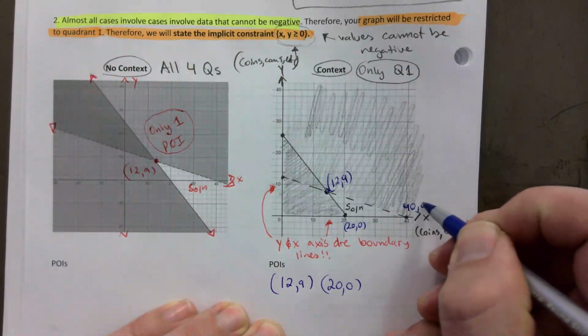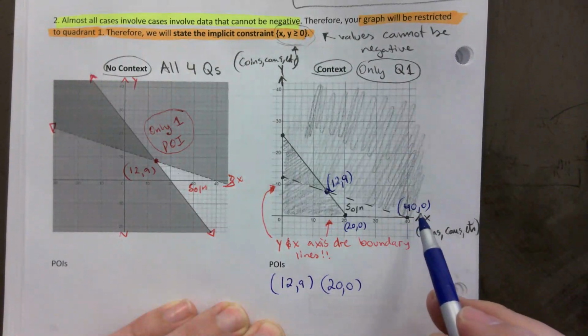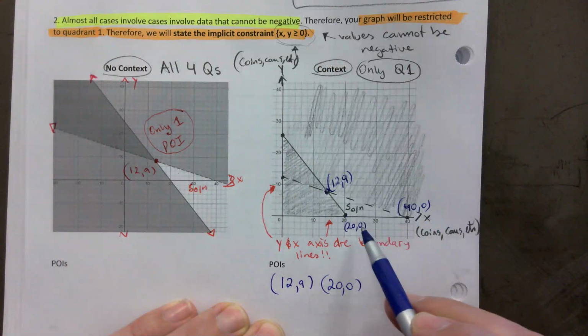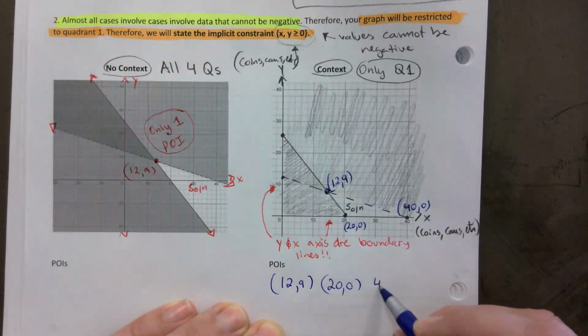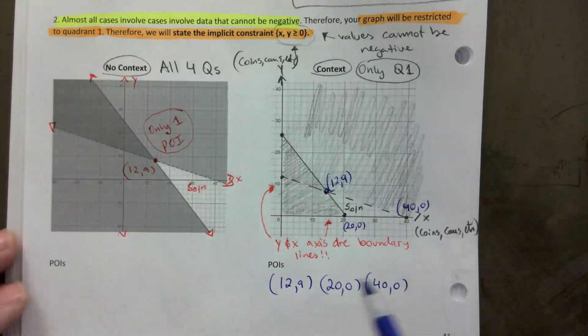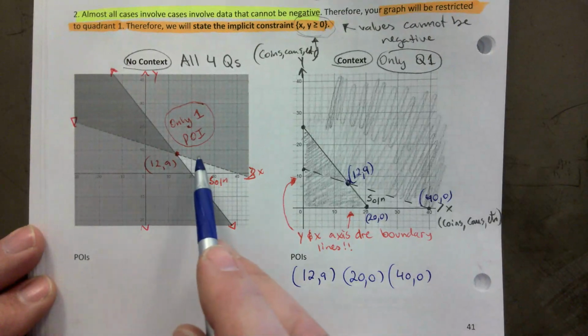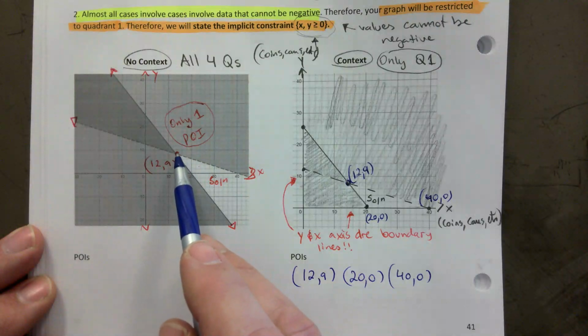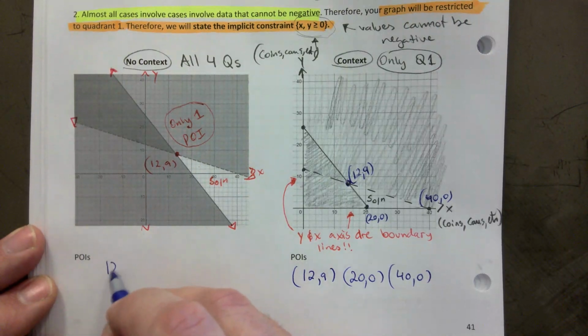So now when you do word problems, the intercepts are possible POIs, points of intersection. Whereas before, what was the only POI that we had? The point of intersection would have just been 12.9.